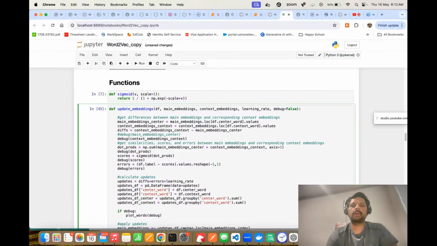Oh, he's using debug as a variable here, and we are using it as a method. Okay.